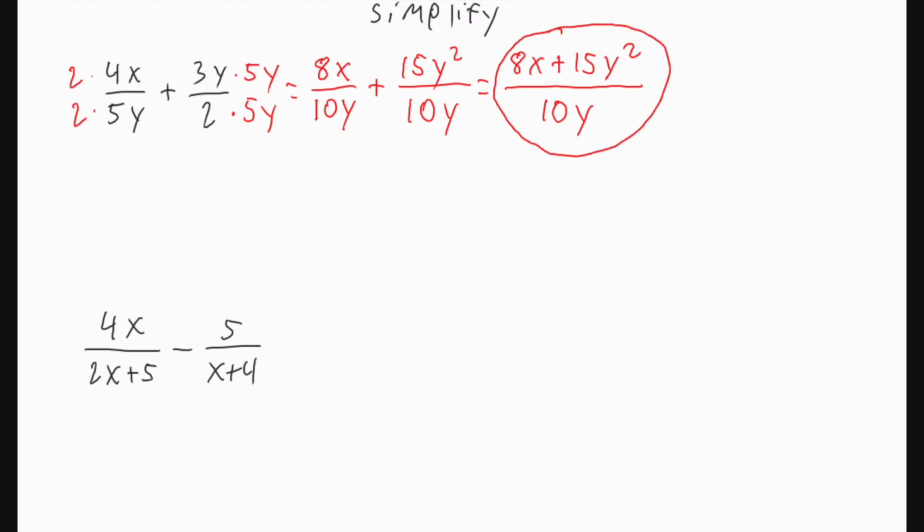On this next one, we have binomials, but it's still going to be the same thing. Now, we have 2x plus 5 and x plus 4. But you can't factor anything out. If you could factor something out, that would make it so you have less things to multiply. But in this case, we have nothing to factor out, so we're just going to multiply the left by x plus 4 top and bottom.